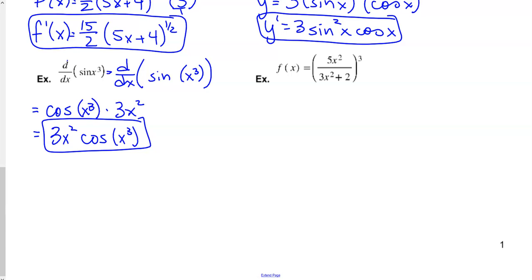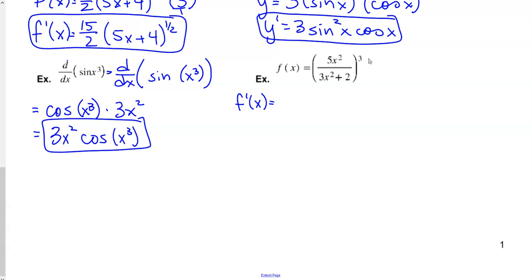So let's go now in terms of a quotient rule. So notice that this time an outside exponent again exists. So I'm going to do the power rule for my outside function, but the inside function this time is a quotient. So we got to do a little ho-d-hi stuff, okay? So we're going to take the derivative of f, and the first thing we're going to take care of is that outside function.